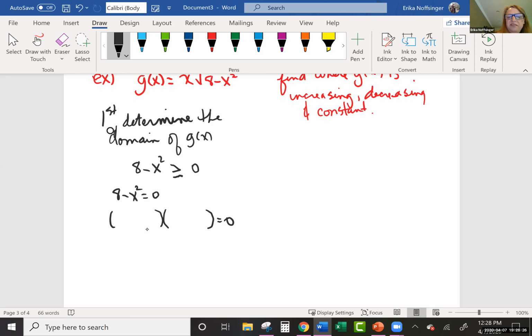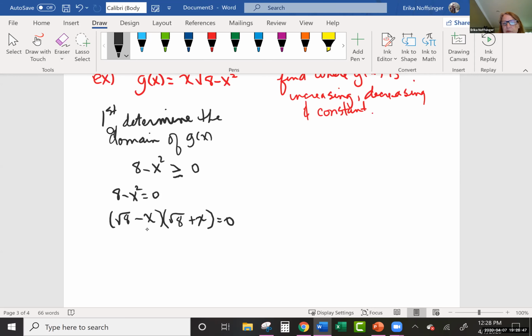So instead of, I'm thinking of a number that I can square to get me 8. Well, isn't the square root of 8 times the square root of 8, 8? And so we can break this down as the square root of 8 minus x, all times the square root of 8 plus x.